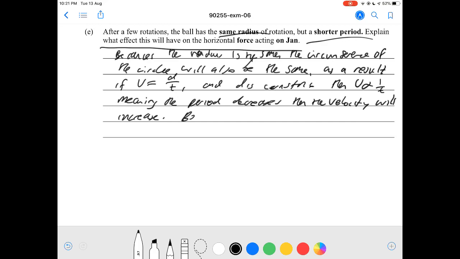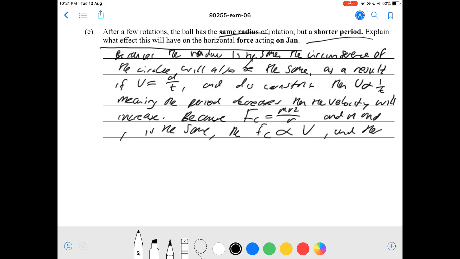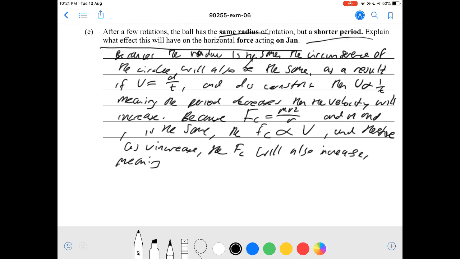Now we link it to Fc equals mv squared over r. Because m and r are the same, Fc is proportional to v, and therefore as v increases, the Fc will also increase, meaning a higher centripetal force.